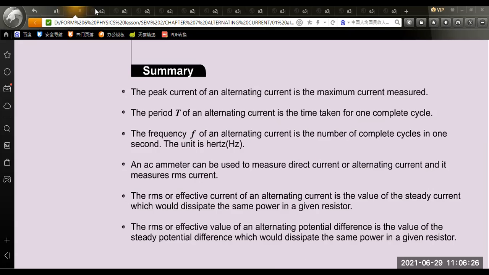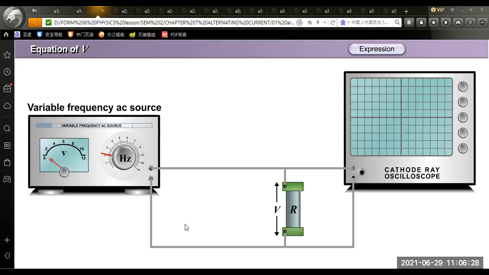Now we observe the next slide. When the AC current is connected to a resistor, observe the shape of the alternating current. The shape is sinusoidal.